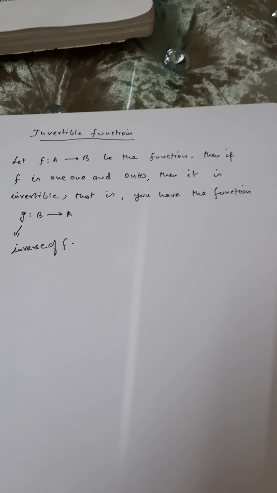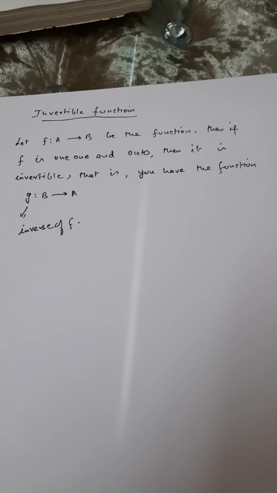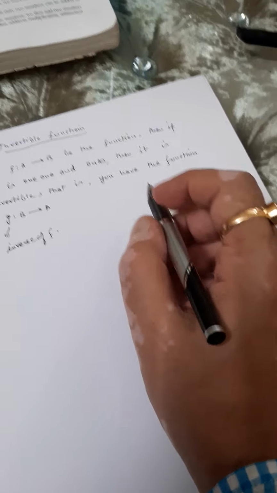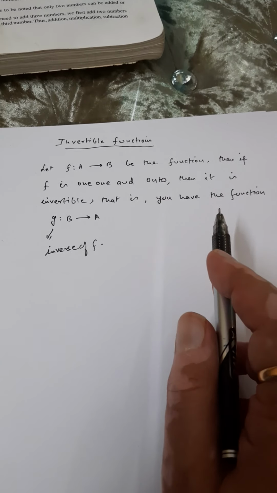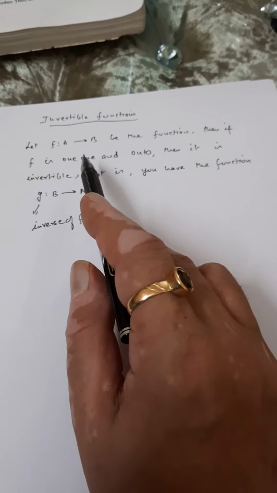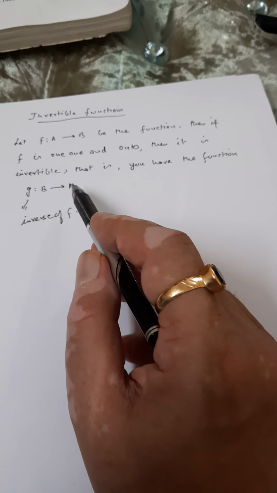Again I am repeating, let f from A to B be the function. Then if f is 1-1 and onto, it's invertible. That is, you have the function g from B to A, and g is the inverse of f. So for proving that a function is invertible, you have to first prove that f is 1-1 and onto, and then you can write the inverse directly.